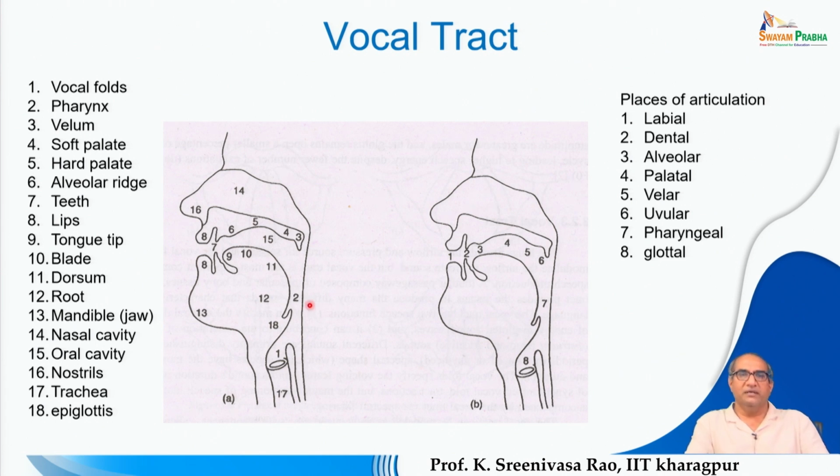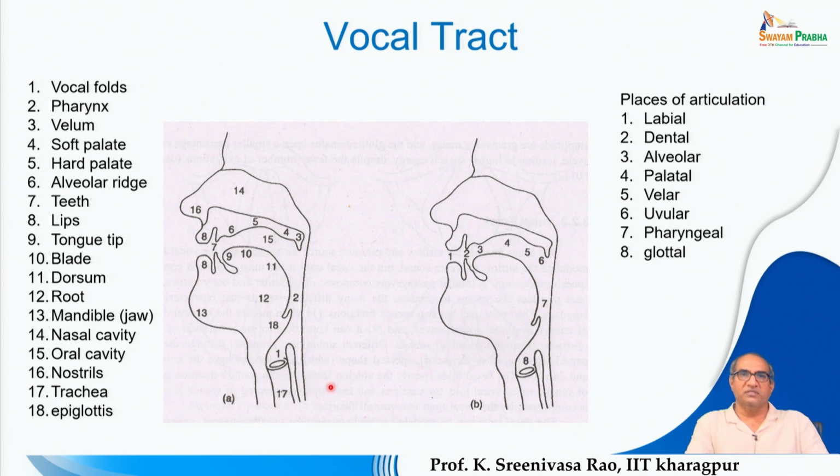Now a more detailed view of the vocal tract. Here you can see the vocal tract, or the speech production system, numbered with different numbers, and accordingly the labels have been given.